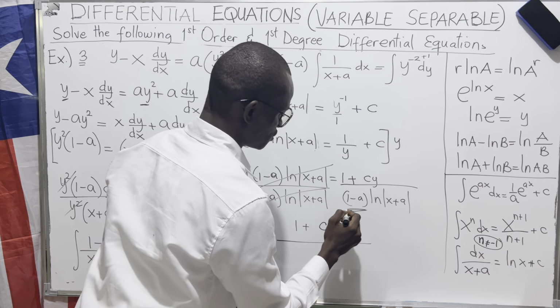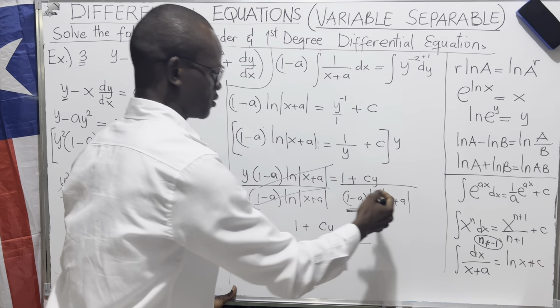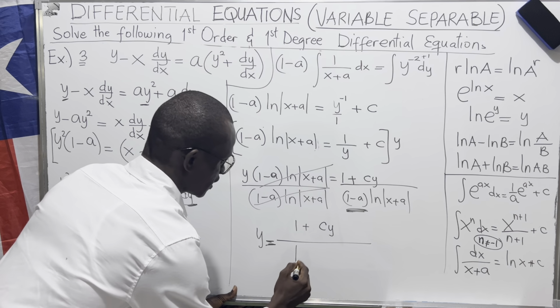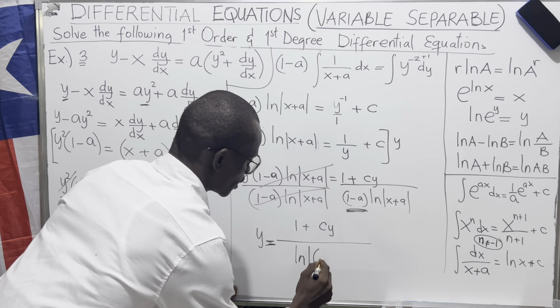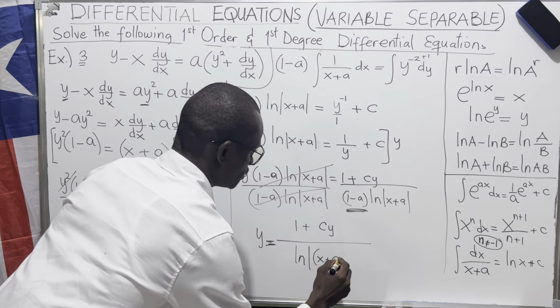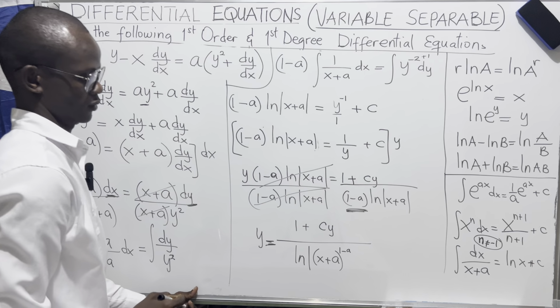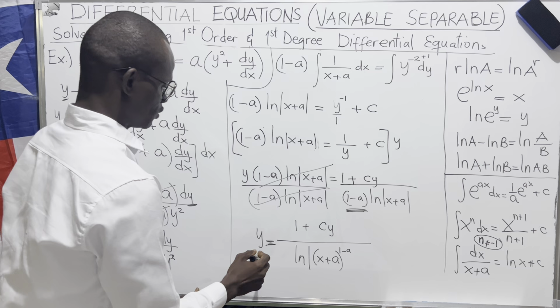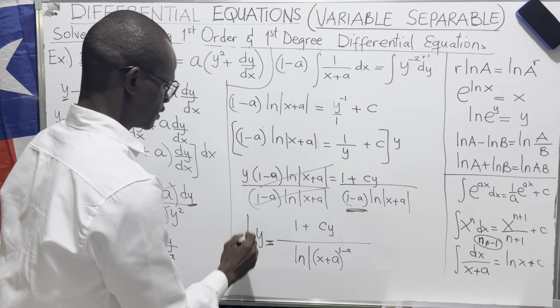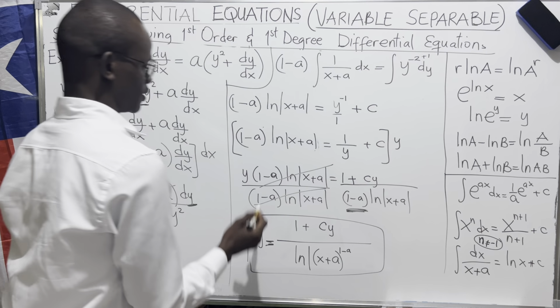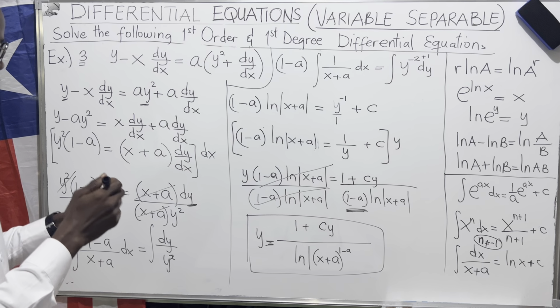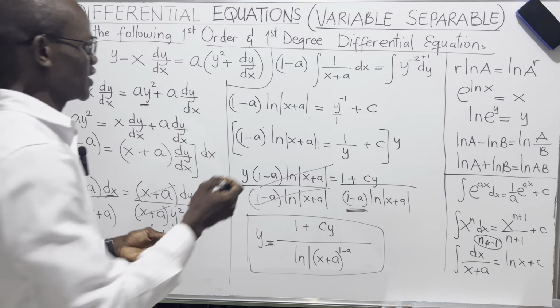So this whole factor represents r, and we send it to the power. So it becomes ln of x plus a raised to the power 1 minus a. So this is our final answer.